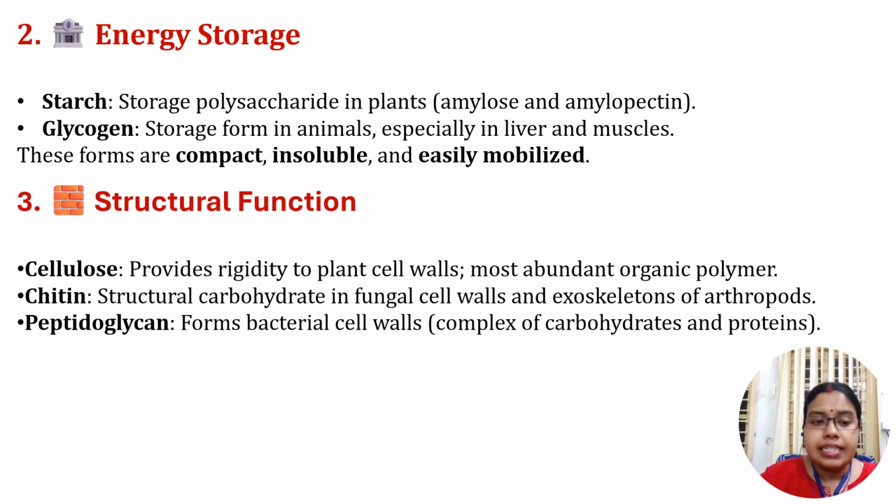Next, it also has a structural function, like cellulose, chitin and peptidoglycan. Cellulose provides the rigidity of the plant cell wall. Chitin is a structural carbohydrate in the fungal cell wall and the exoskeleton of arthropods. Peptidoglycan forms the bacterial cell wall. It is a complex form of carbohydrate and protein.